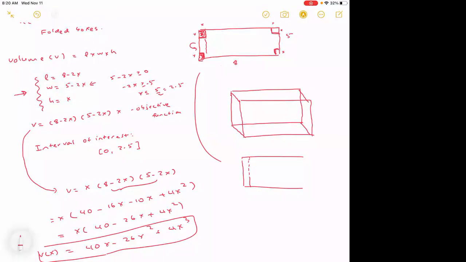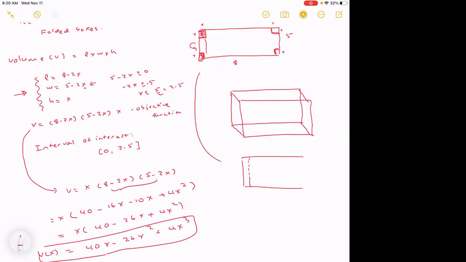So 5 minus 2x. If x is, let's say 2, 5 minus 2 times 2 is 4. That is fine. If x is 3, 5 minus 2 times 3 is negative. That is not correct, right?